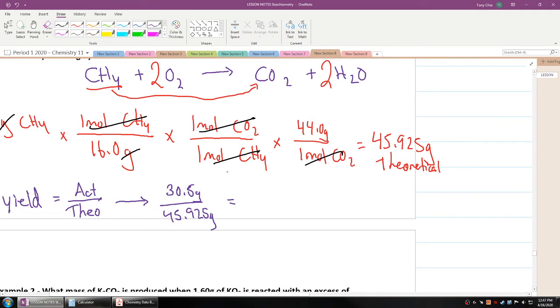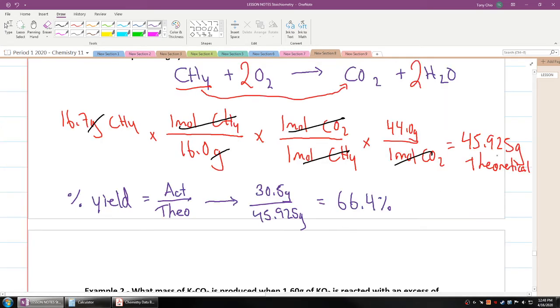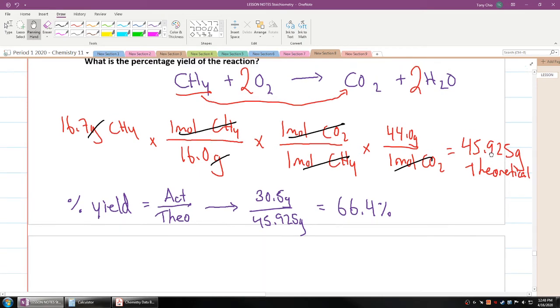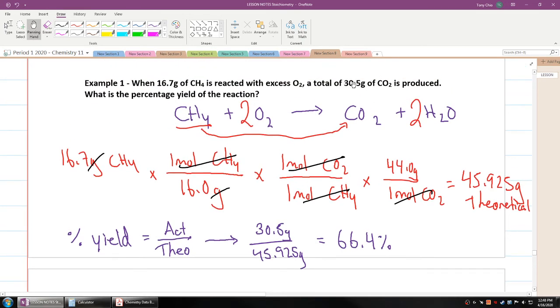So the yield is 66.4%. That means you would have expected to have produced, from calculation, 45.925 grams, but in reality you only produced 30.5 grams, which is why it's 66.4%.